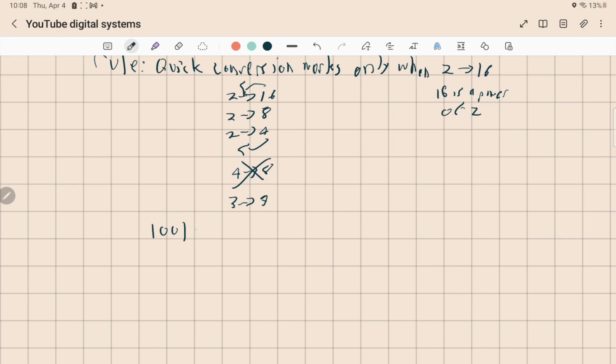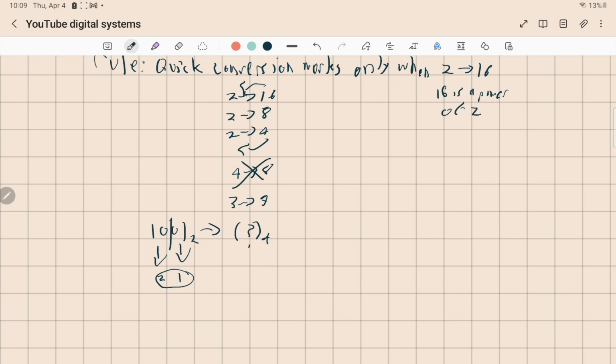So to base 4, what you do is you split into 2. And then this is 0, 1. So that's 1. 1, 0 is 2. So that's 2. The answer is 21.